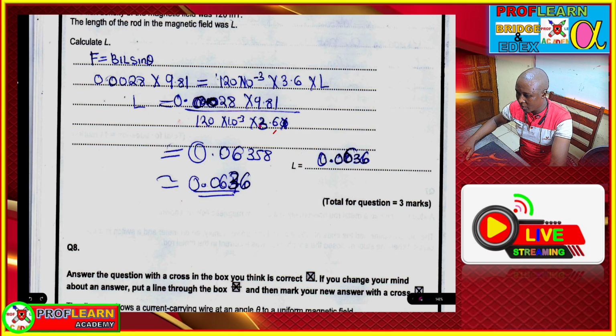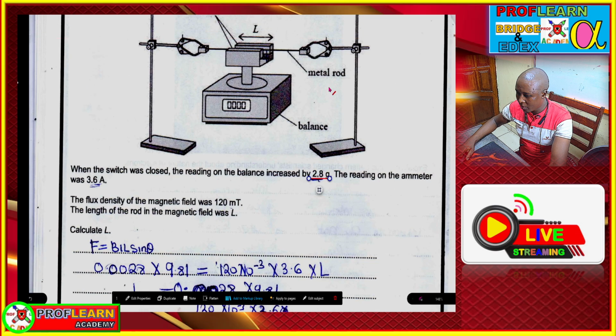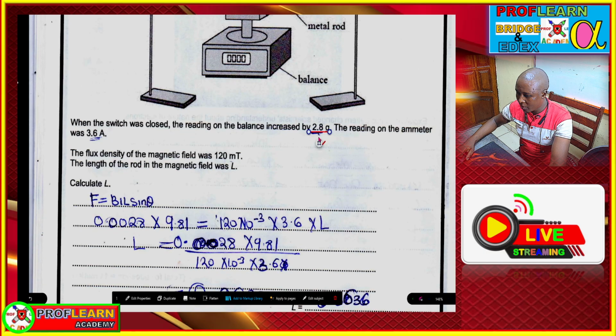So if you work it out, you're going to get the length of the conductor, because here we were given the force. The force is 2.8 grams. The force will be measured here. Then for you to calculate the force, you do the weight. First you convert this 2.8 grams into kilograms.